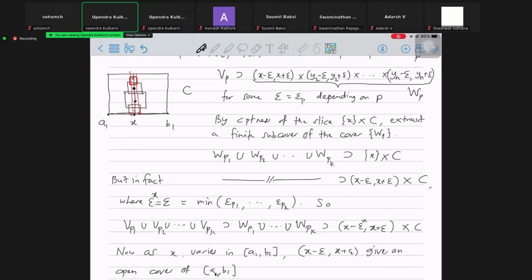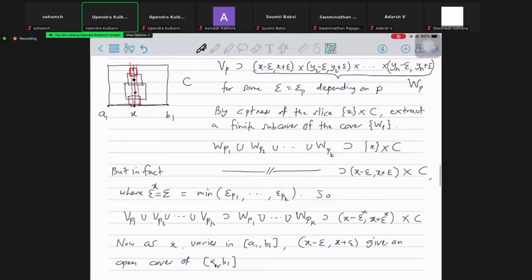And this family, let me write down the notation over here. Let F sub X be the family VP1 up to VPK.